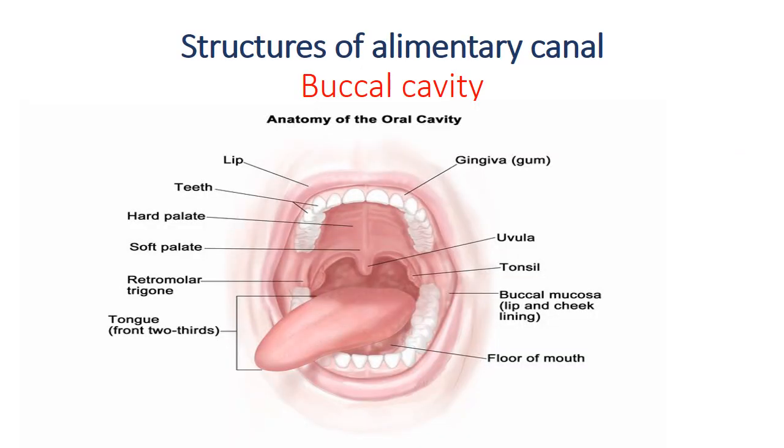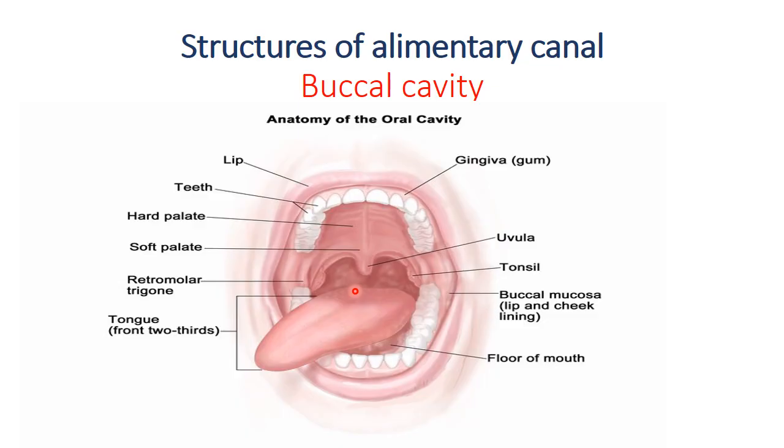In this session, we are going to study the structures of the alimentary canal. First one is the buccal cavity. The buccal cavity contains the tongue and teeth. These are very important structures for grinding and mixing of food. Teeth are responsible for chewing of food, called mastication, and the tongue is responsible for mixing of food with the various secretions of the salivary glands.